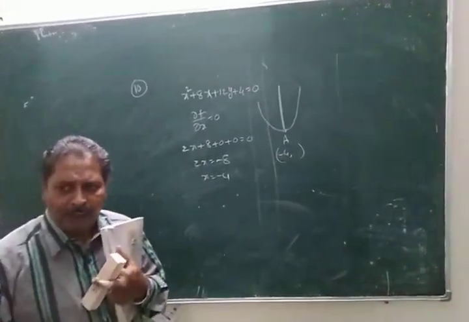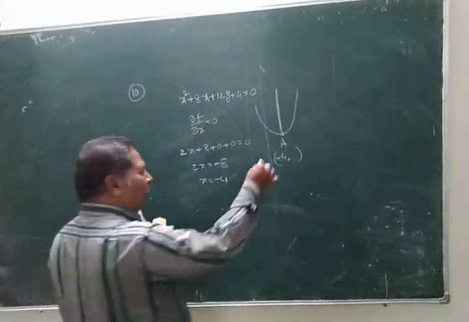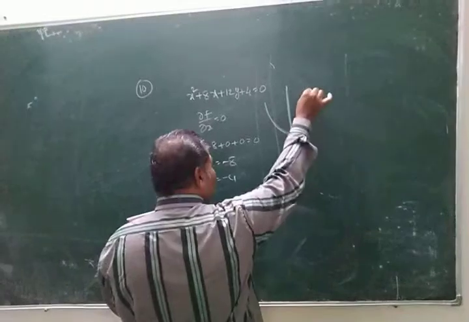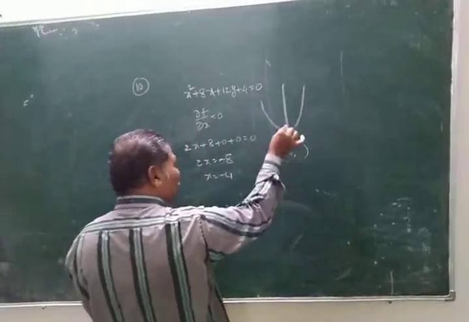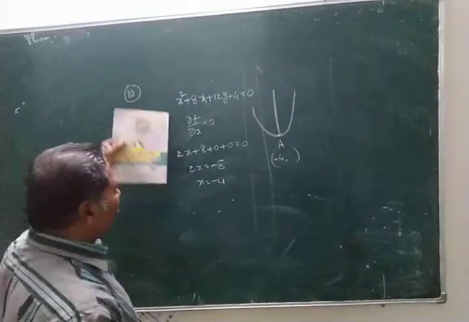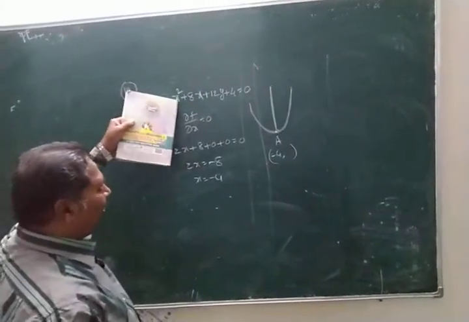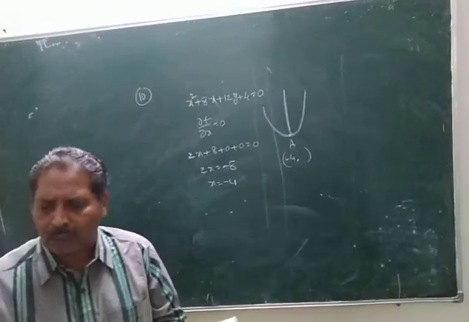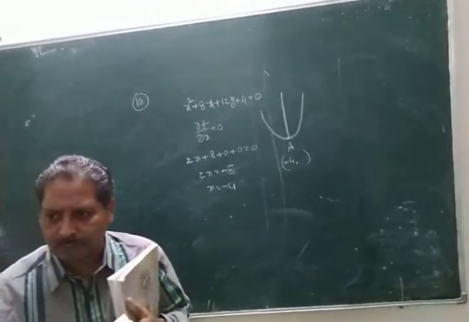We want the y value. This point lies on the parabola also, so substitute this x value in the given parabola and calculate the y value.